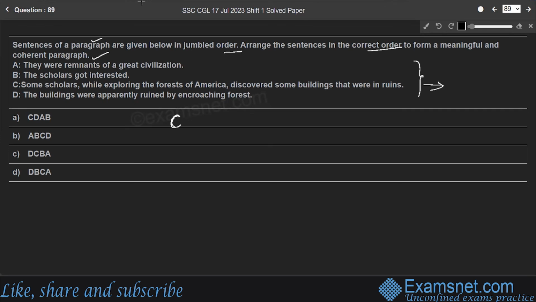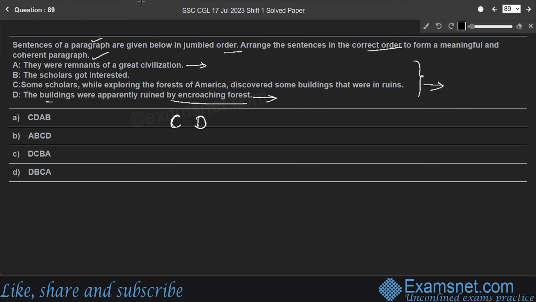Which is followed by sentence D, the buildings were apparently ruined by encroaching forest. So it supports the subject. Therefore, the order will be C, D. Next comes sentence A. They were remnants of a great civilization, right?